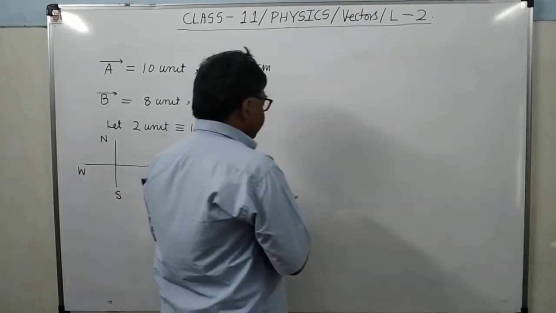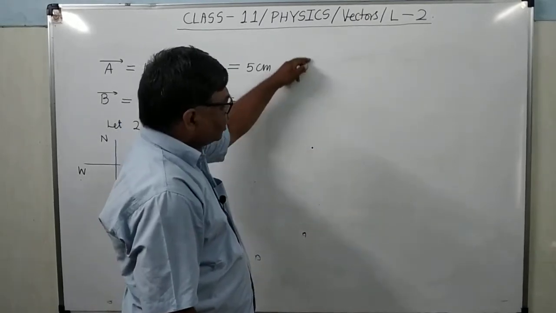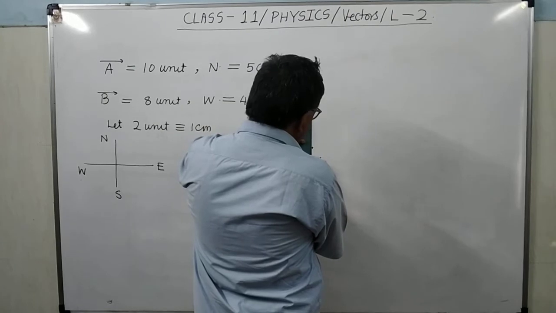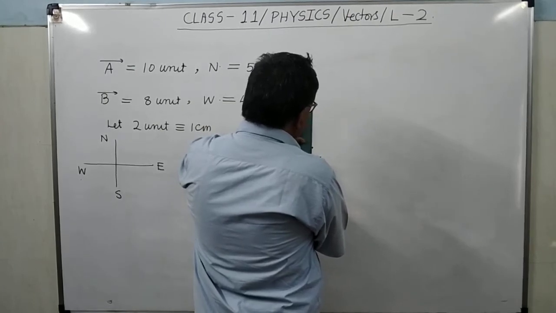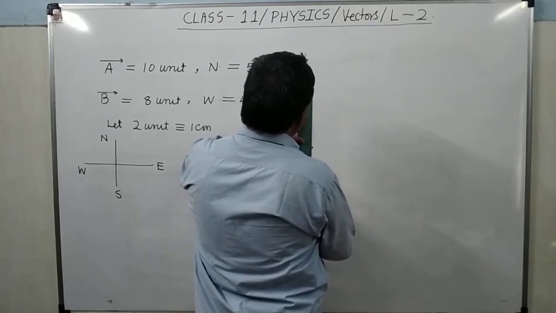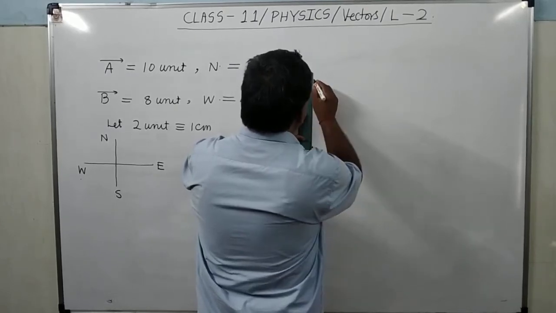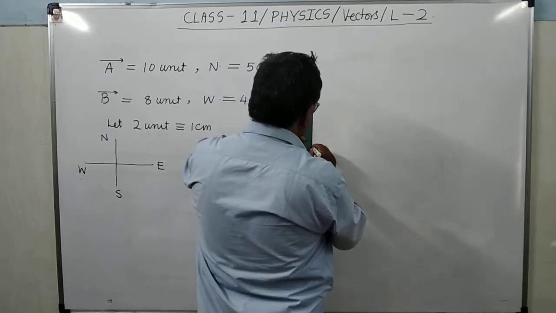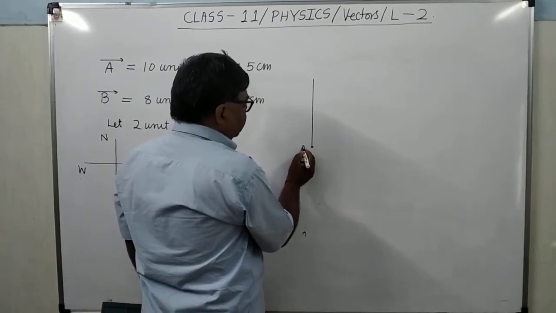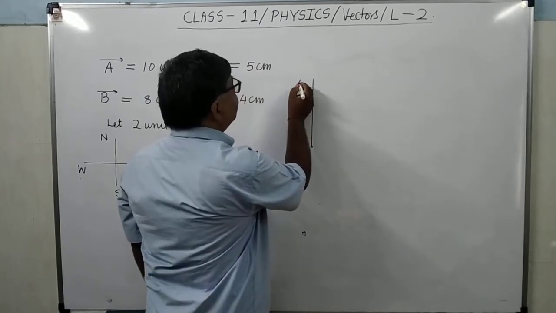See here, I have taken this point, and with this point, what is the north direction? North direction is this. So you draw a line segment of 5 unit length. With respect to this point, I have drawn a vector, and here you use another symbol, PQ.